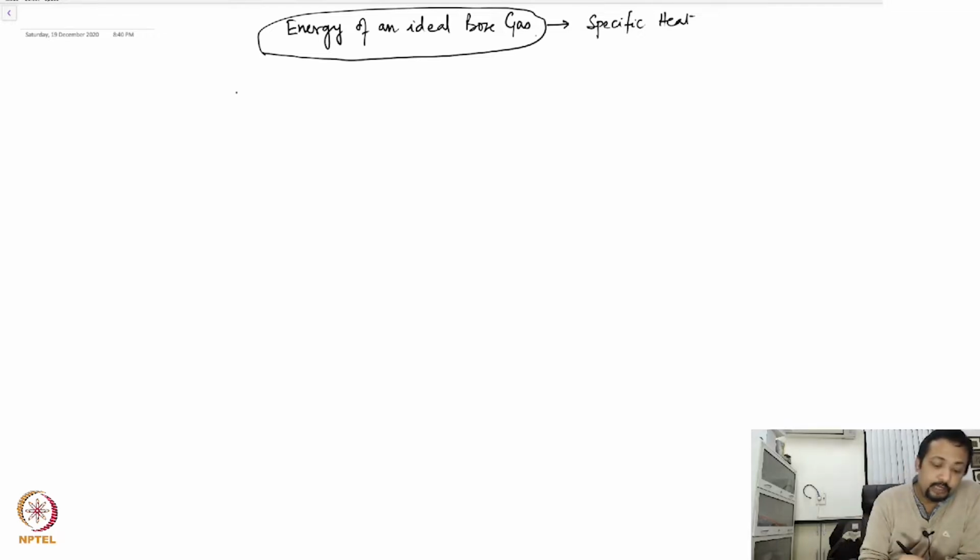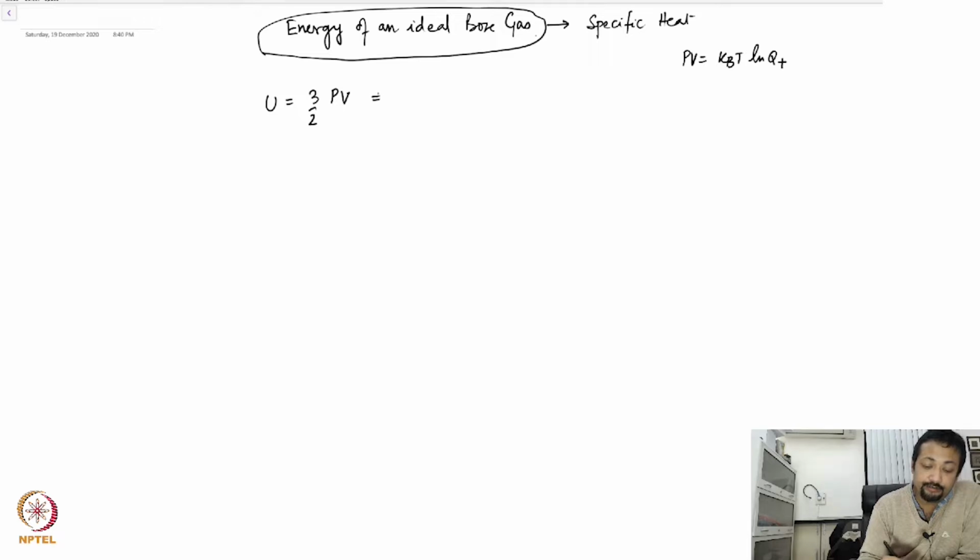Now, I know that for a non-relativistic gas, 2/3 of the energy density is equal to the pressure. So therefore, U is going to be 3/2 times PV. And PV, we just now saw, was kBT ln Q plus.